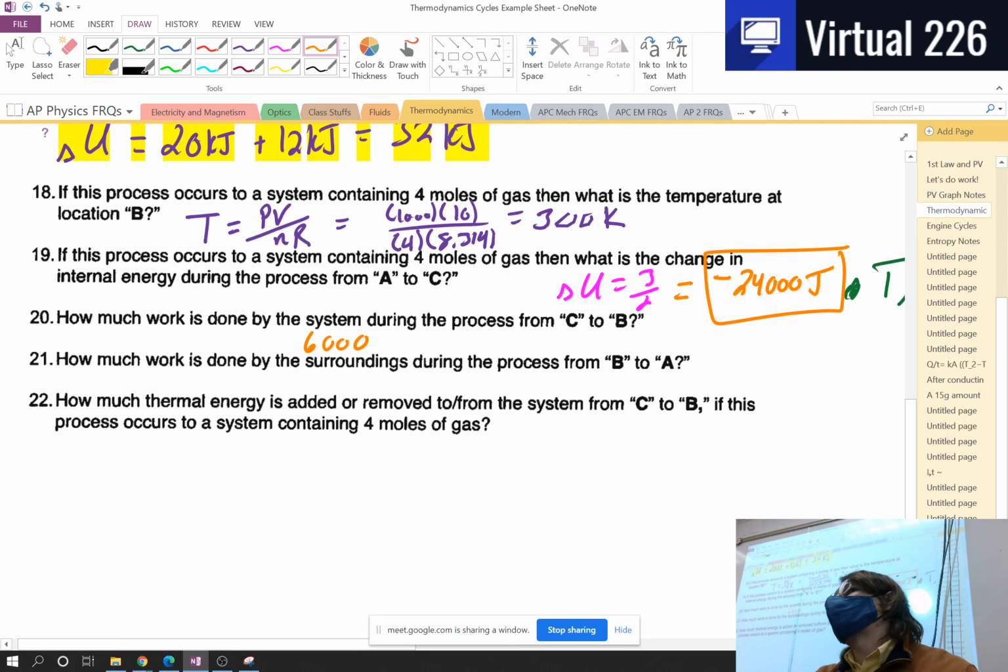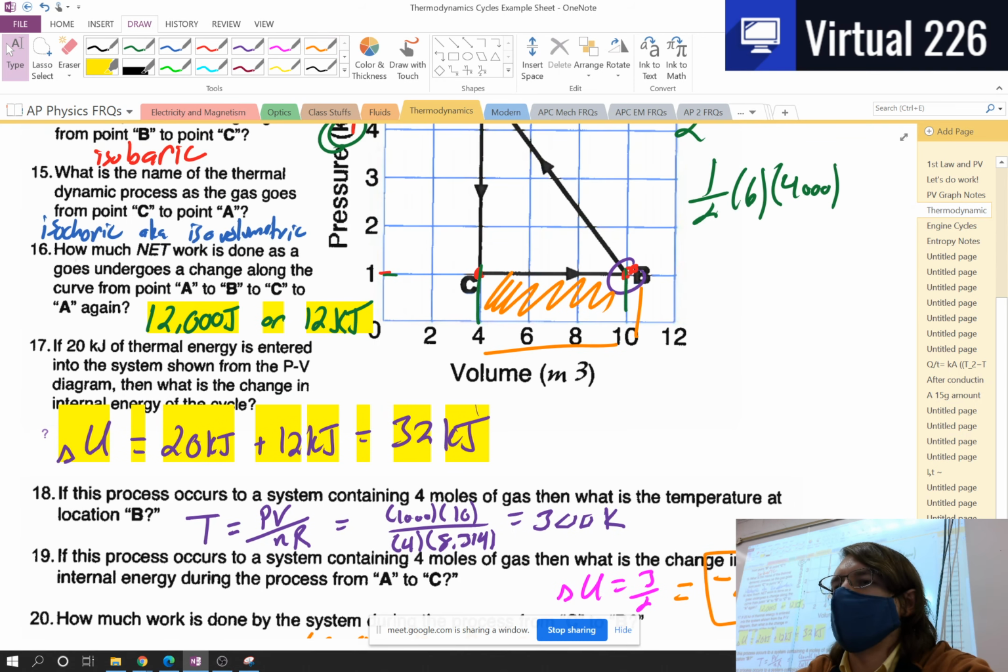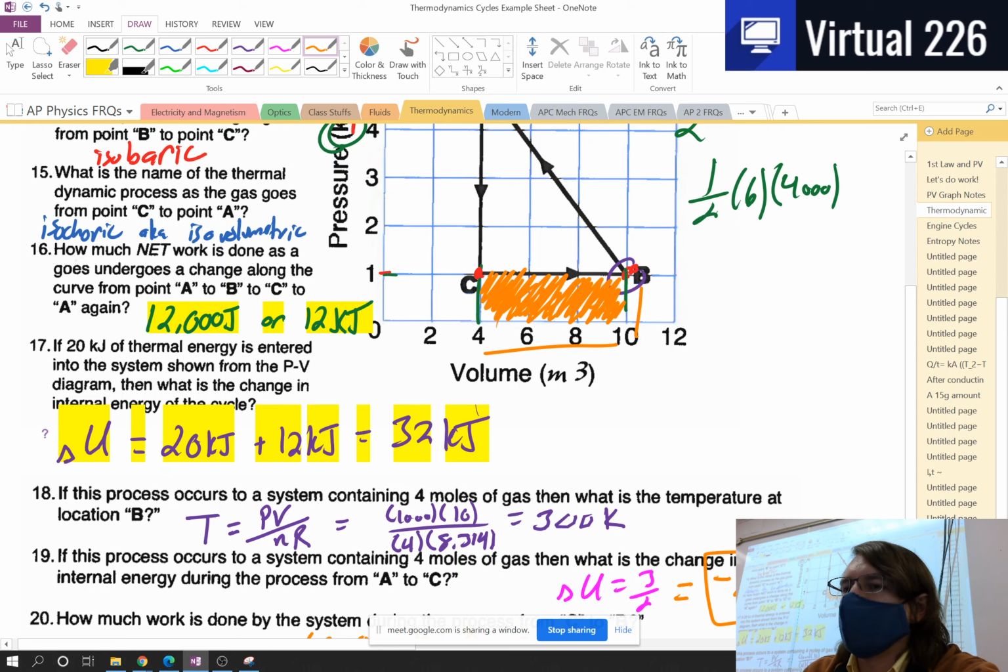And since this is increasing the volume, we can say this is work done by the gas, or by the system. And we did that just by finding the area of this rectangle down here. Base is 6 because 10 minus 4 is 6. Our height is 1 because we only go up to 1.